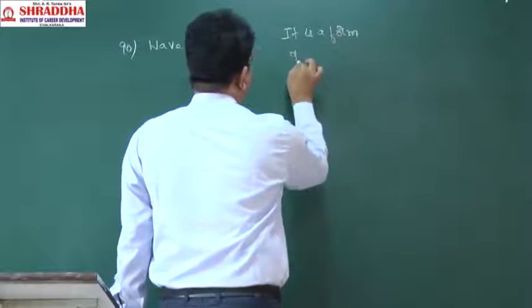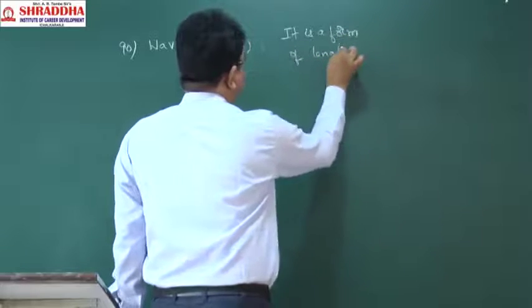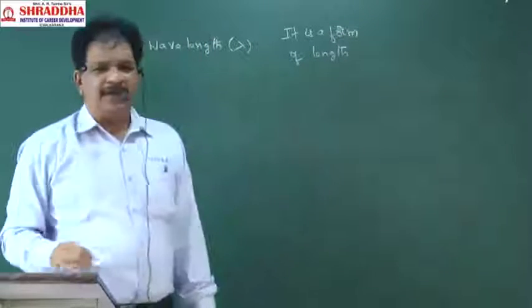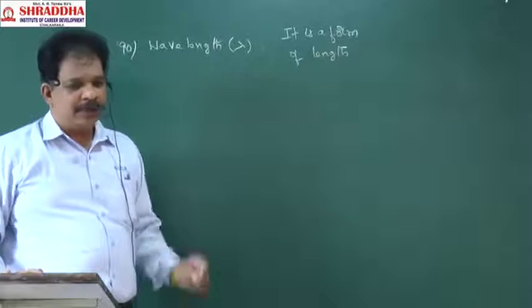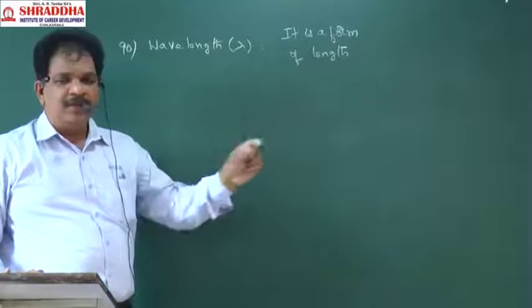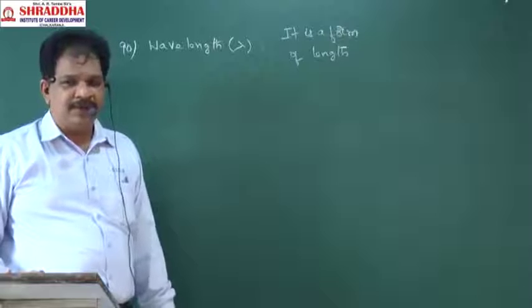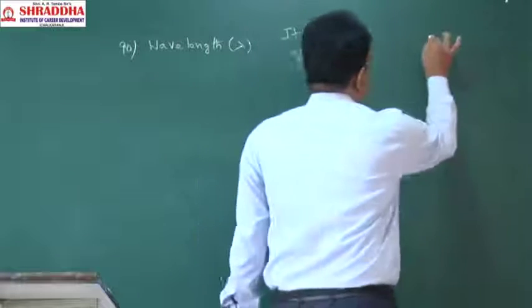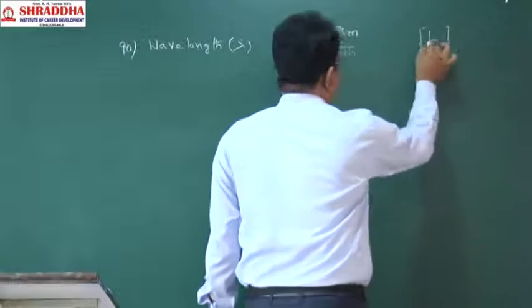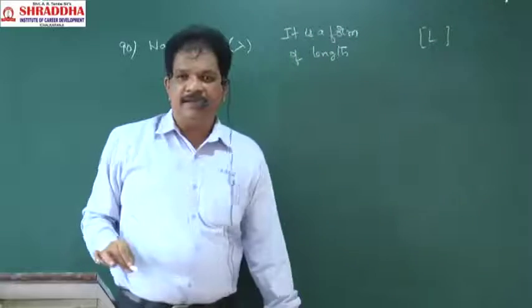In some seconds, how much distance that wave is going, that will be called the wavelength. So its dimensional formula will be L.